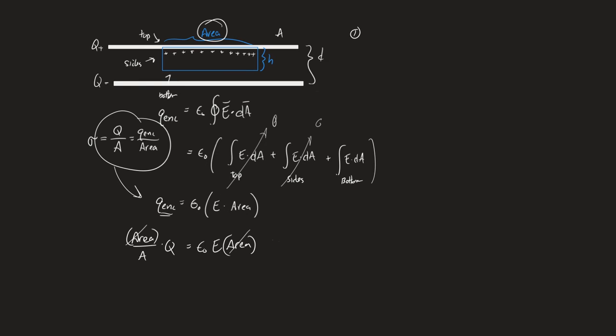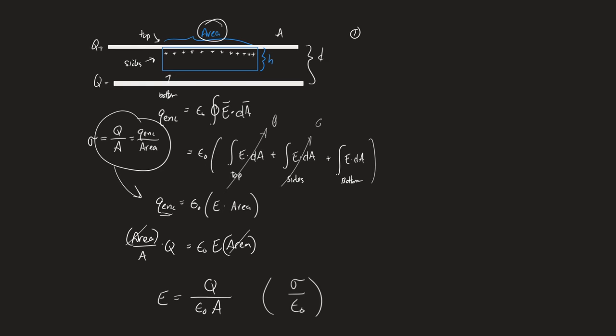This gives us what we're looking for, which is an expression for the electric field based on the charge on the plates, which in this case is going to be Q over epsilon naught times A. Now, this shouldn't be a surprise because we expected it to be sigma over epsilon naught, and sigma is just our charge density.